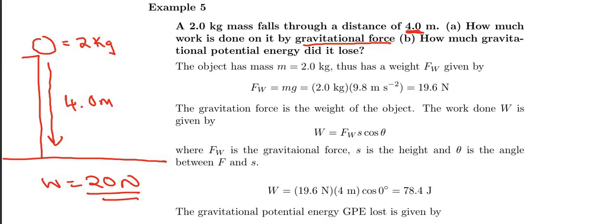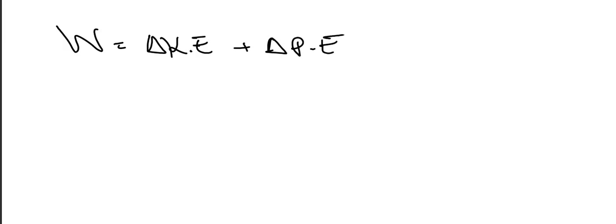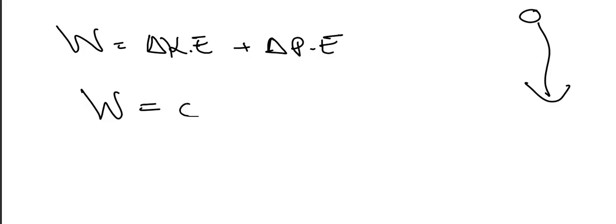Remember the work-energy theorem. We said work depends on what you are given. Work is equal to the change in kinetic energy plus the change in potential energy. If something is falling down like this, there is no kinetic energy mentioned, meaning this will be 0. The only change you are seeing is the potential energy, mgh.